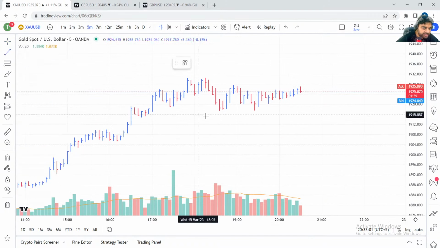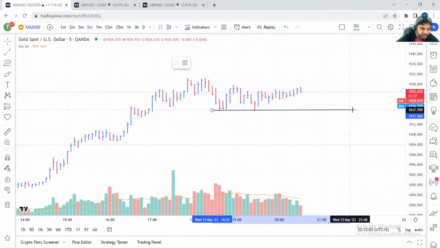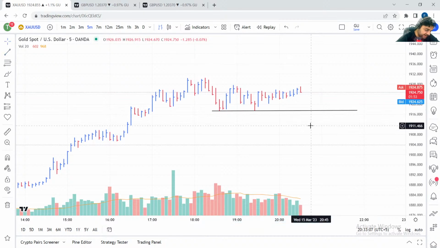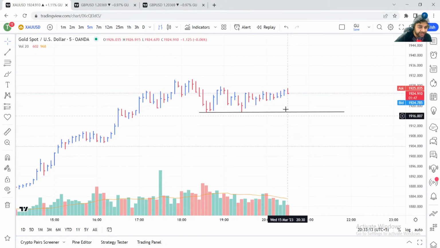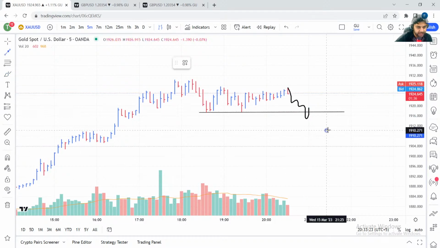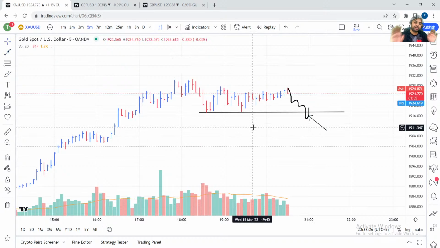It might be that the market comes down to this level, and if and only if the market shows strength over here, only then I will buy. I'm not saying you should just buy. So how will the market show me strength? If the market comes down and makes a spring, then I will buy over here, but no trade right now. Okay.